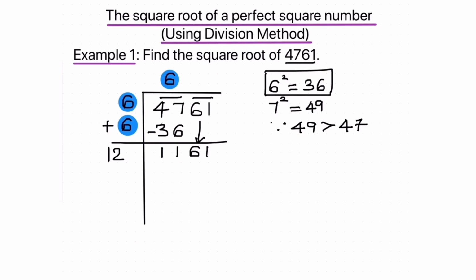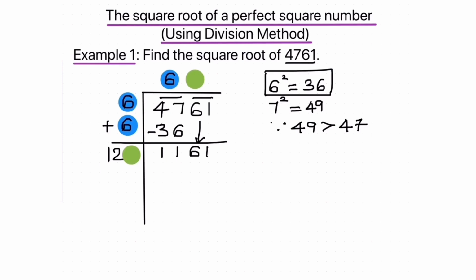For that we need to find the largest possible digit that can be written next to 12, and the same digit we will write even in the quotient place. Now the product of this new divisor and the quotient should not exceed the new dividend, that is 1161.